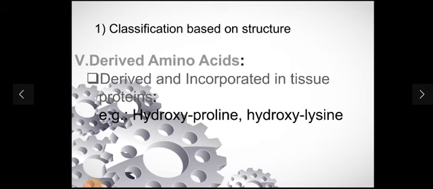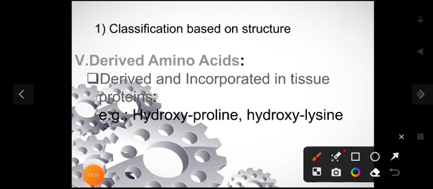We also have the derived amino acids, and we have the ones that are derived and incorporated into the tissues, and the ones that are derived and not incorporated into the tissues. So the ones that are derived and incorporated, we have the hydroxyproline and the hydroxylysine. They are formed out of chemical reaction, so we say that they are derived.